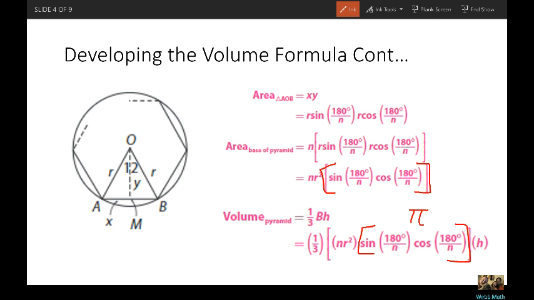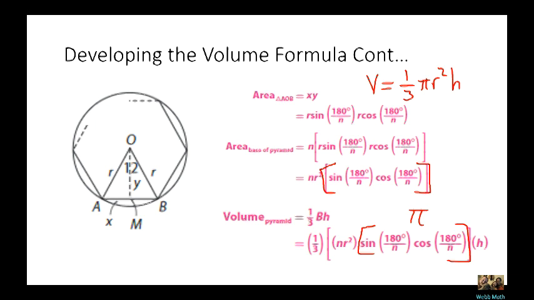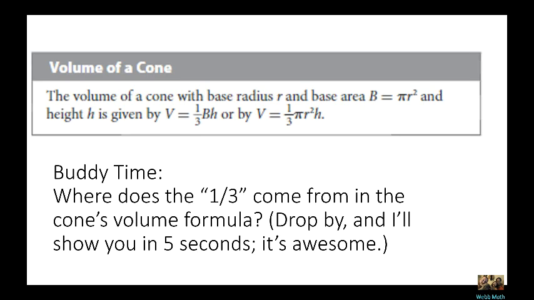All right, so the general formula for the volume of a cone can be represented as V equals 1/3 pi r squared times h. So again, here is the volume of a cone.